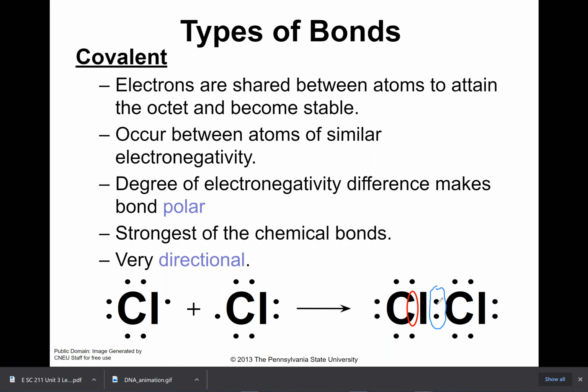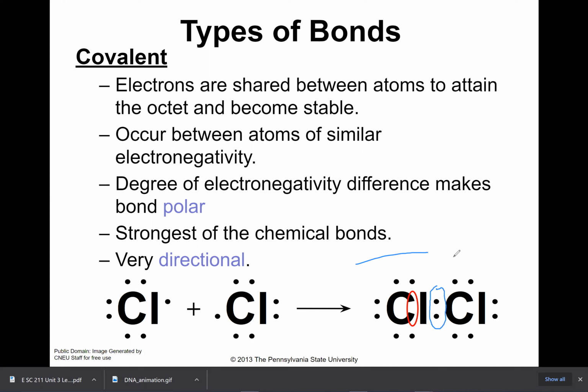If they share their electrons between each other, then each chlorine atom now has 8 electrons, right? So this chlorine atom sees 2, 4, 6, 8 electrons.